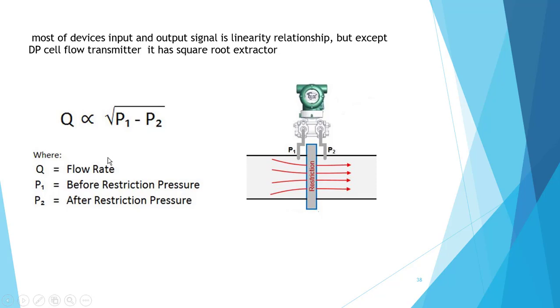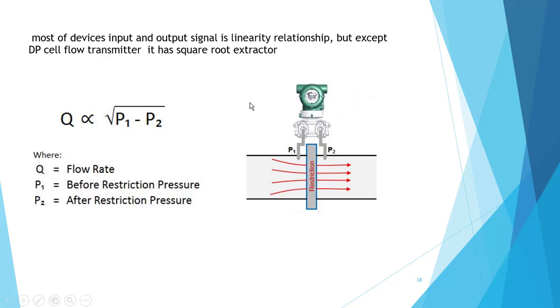Okay. Flow equals a constant times the square root of the differential pressure, P1 minus P2. This is called square root extraction.